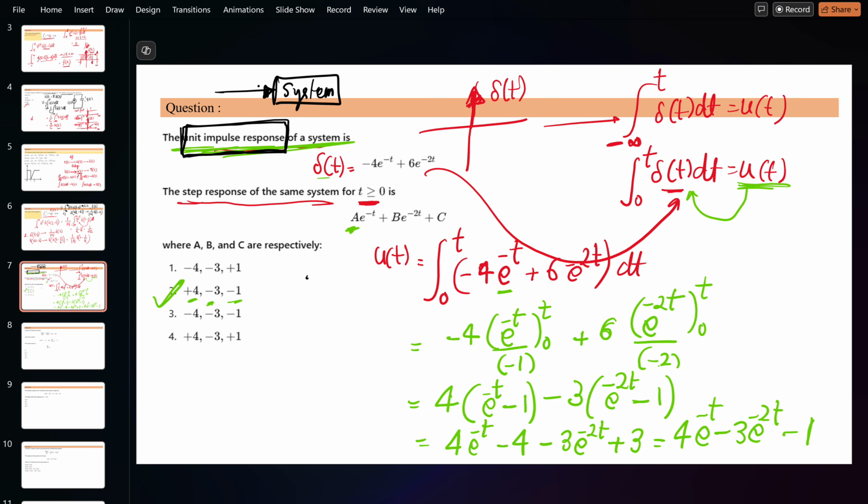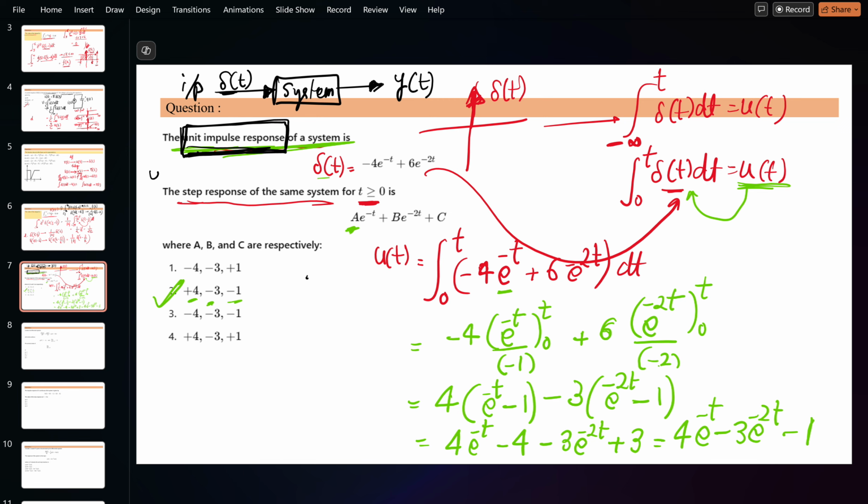You have given the input as delta t and you got some output, suppose y(t). Unit impulse response means the input was delta t and some response y(t) I have got. So the input was already passed through delta t.